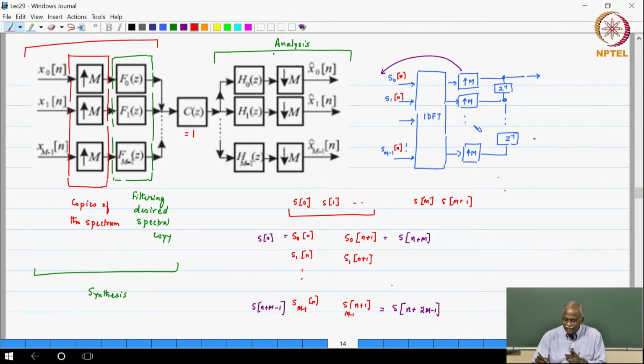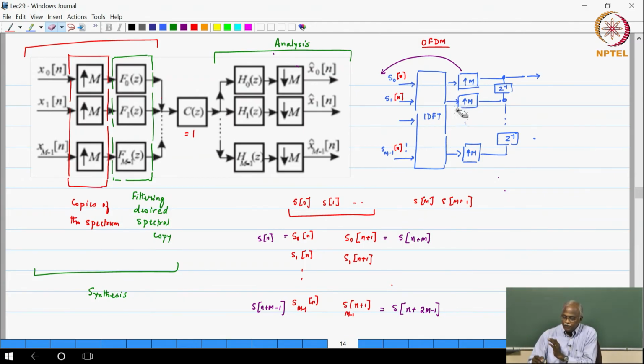We showed the analogy to the OFDM transmitter. The OFDM transmitter has an IDFT followed by an upsampler followed by a delay chain. The upsampler followed by the delay chain is nothing but a serial to parallel to serial converter.